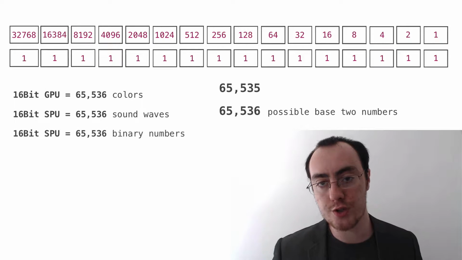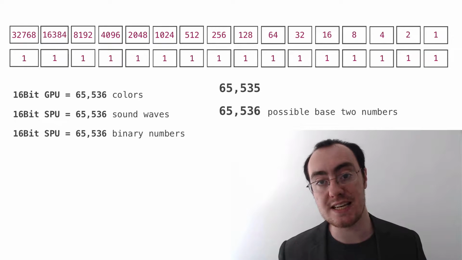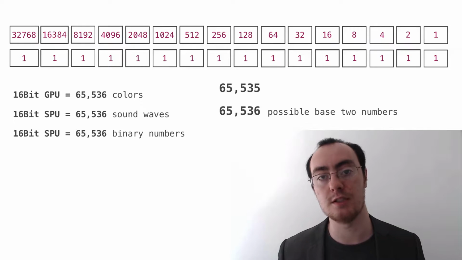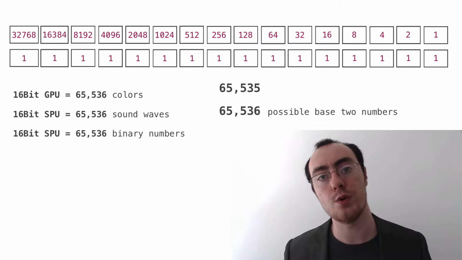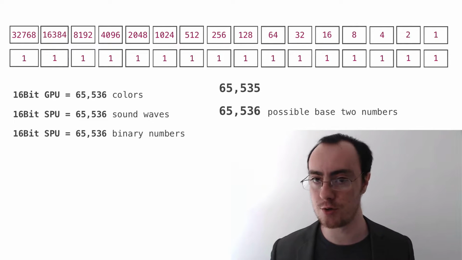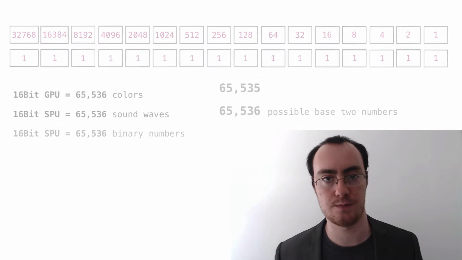And you also have 65,536 binary numbers that you can work with in your mathematical calculations, meaning the mathematical equations that you run on the CPU can work with larger numbers and a broader range of numbers, making it much more effective for calculation.